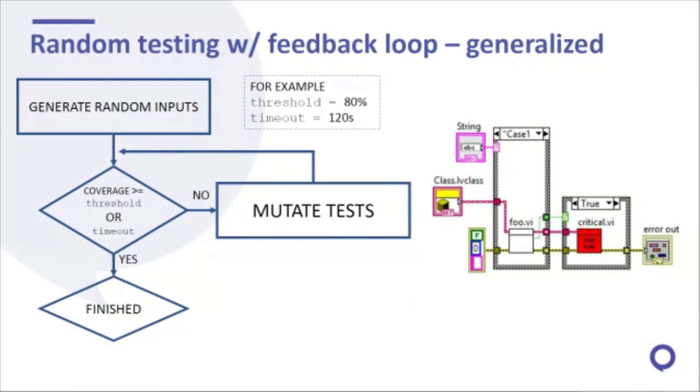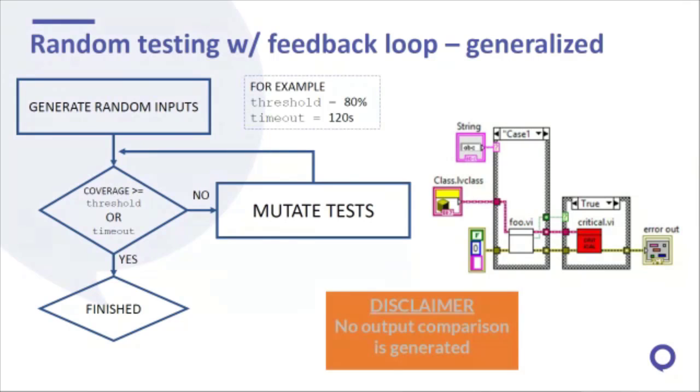Then the queue holds unique inputs that you mutate. And while you are mutating the test, you shouldn't trigger the software unit under test, the VI under test, with the same inputs.